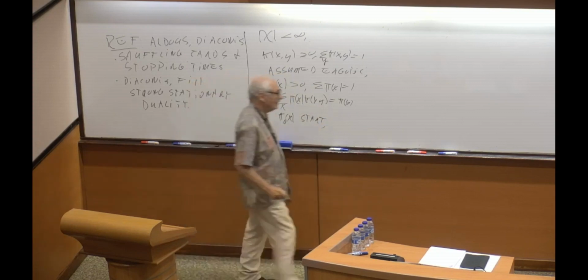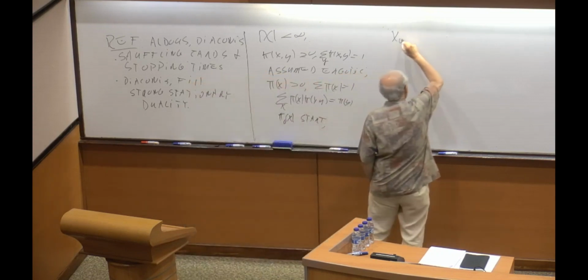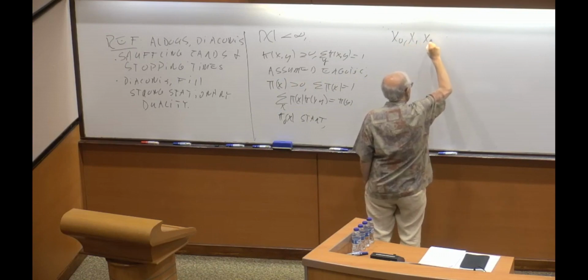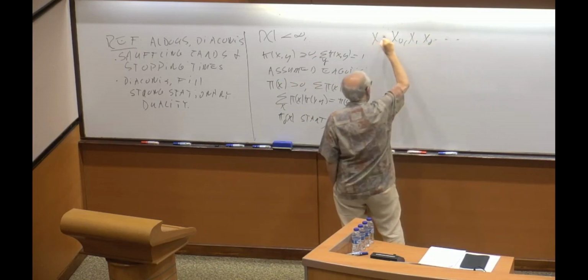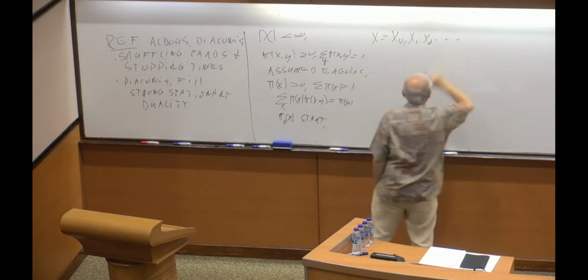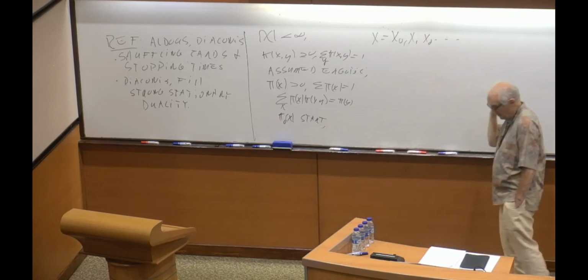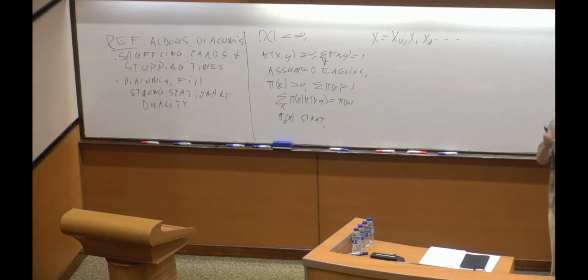And I'll write X0, X1, X2, and I'll call that X, for the process generated by K, and I assume you all know that's a Markov chain.